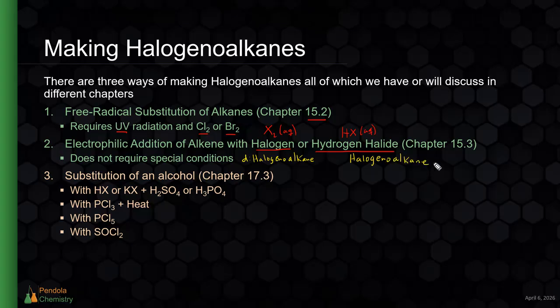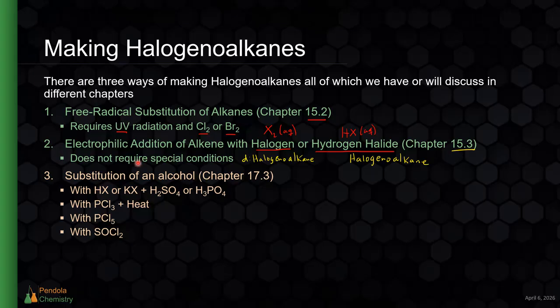And we discussed both of these reactions in 15.3 when we discussed addition reactions of alkenes. So I highly encourage you to go back, watch the videos for 15.2 and 15.3, and refresh your memory about these two types of reactions that we already saw dealing with the creation of halogenoalkanes.